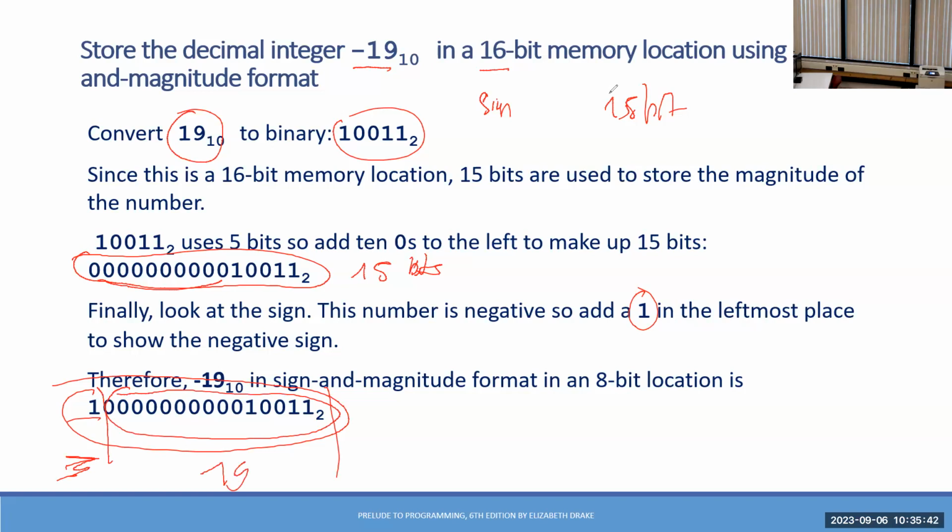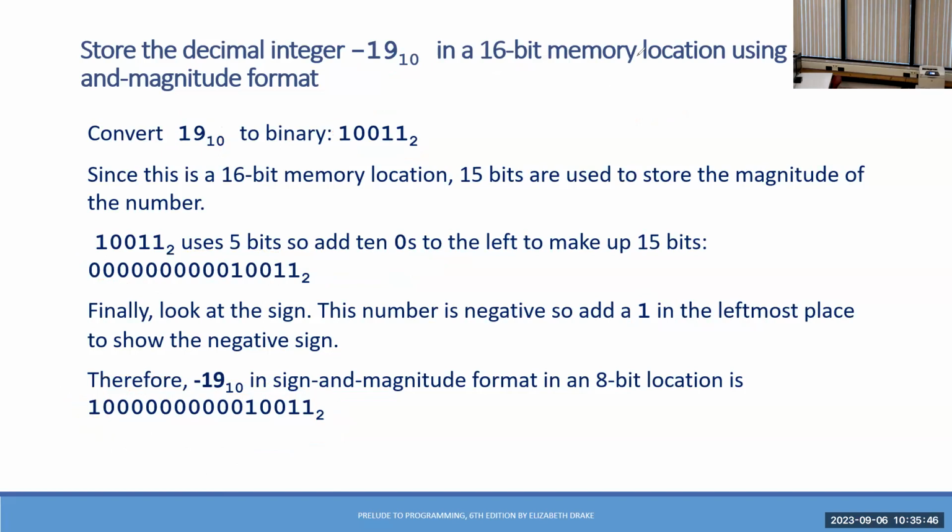Okay. Now I give you an example here. If I have the number 0, 0, 0, 0, 1, 0, 1, 0 here, now tell me, what is the value in the decimal if I use the sign and magnitude format? What is the value?